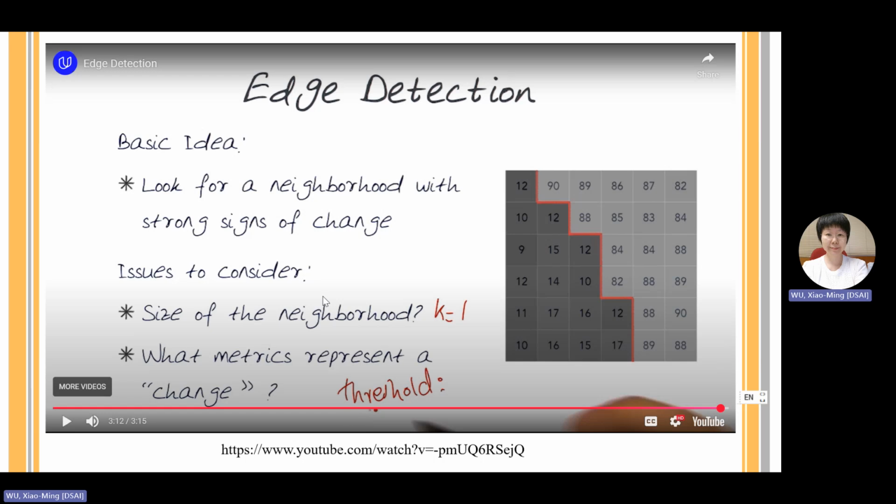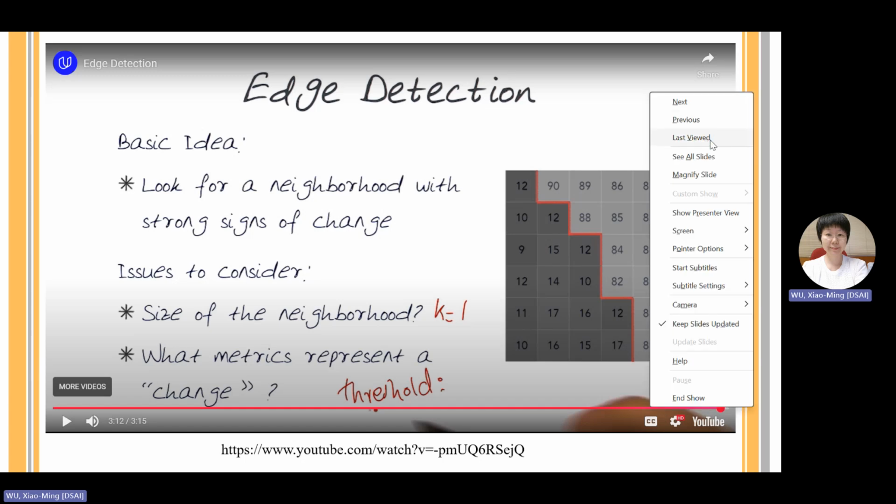So basically, there are 2 issues to consider. One is how you calculate the differences, and the other is what metric and threshold you set up to only preserve the significant edges.